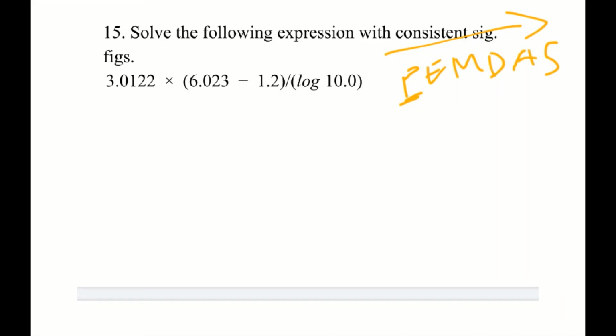So let's do our first operation, this one right here. I don't know why I call numbers people, but I just like doing that. So we have to do this right here. So let's just subtract them. 6.023 minus 1.2 will give me 4.823, but since this has 1 decimal place and this has 3 decimal places, we want to stick to 1 decimal place, so this will be 4.8.